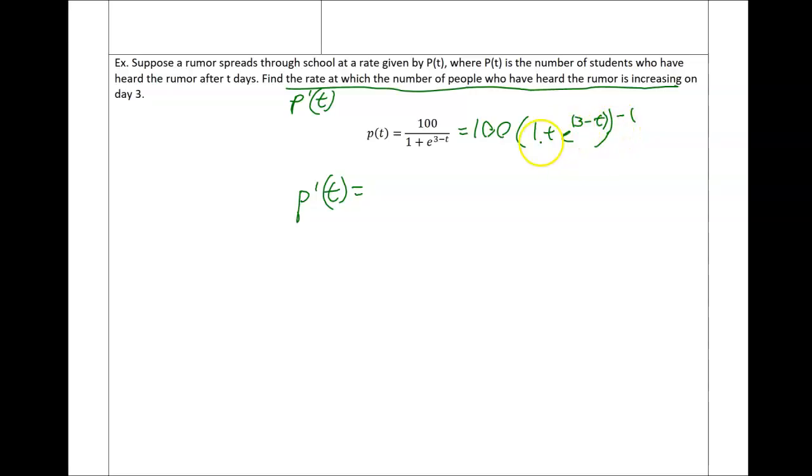And then I have my to the -1 power as my third function. So that means I'm going to do chain rule twice, right? So I'm going to start with the outer function, the derivative of something to the -1 power. Well, I just multiply times -1. That gives me that -100 rather. Inside stays the same.